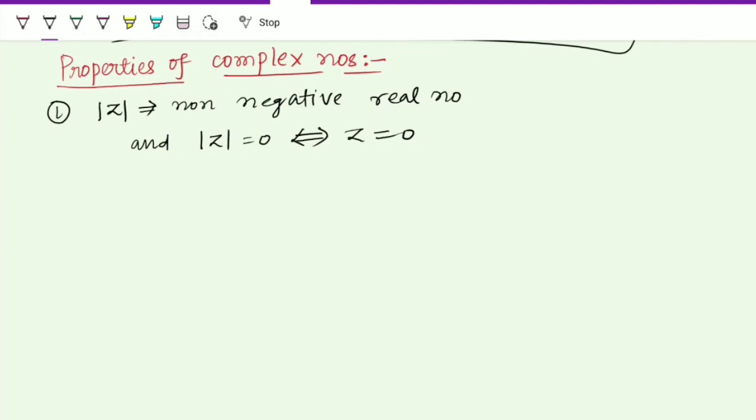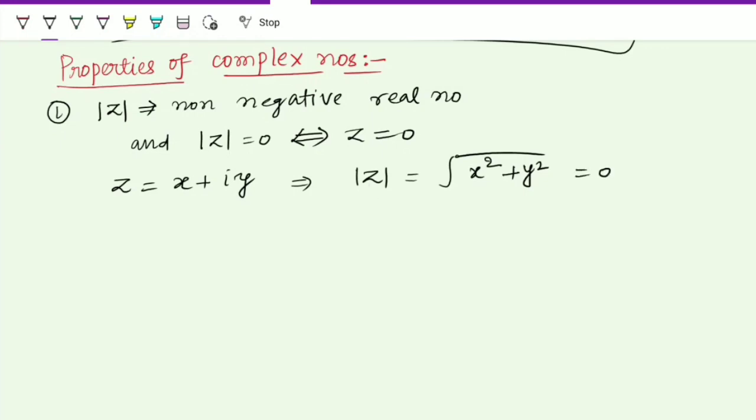Now for proving this relation, let us consider a complex number z equal to x plus iota y. So from this relation we will have mod z equal to root under x square plus y square, and since the value of mod z is given as 0, we will have x square plus y square equal to 0.